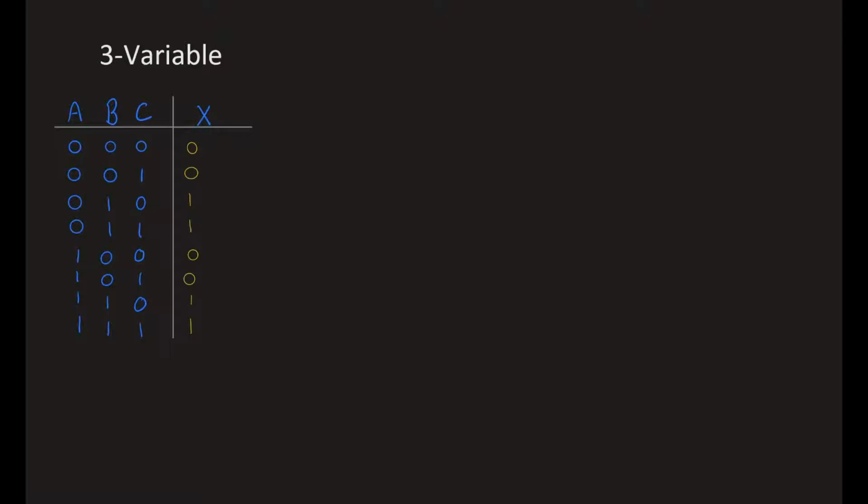Again, it's 3 variables because we have 3 inputs over here on the left. Because we have 3 inputs, this truth table or this K-map needs to have 8 entries. So here's how we do it for an 8-entry one. We first draw a vertical rectangle.